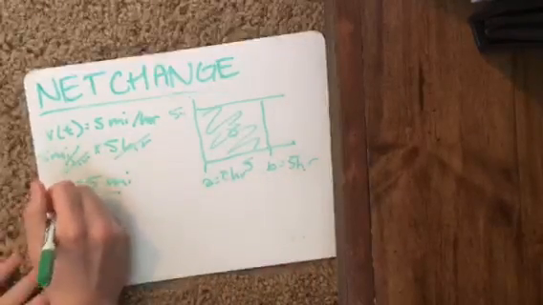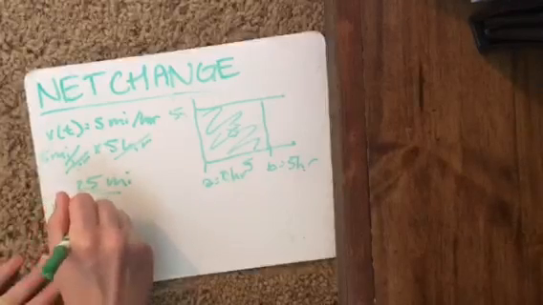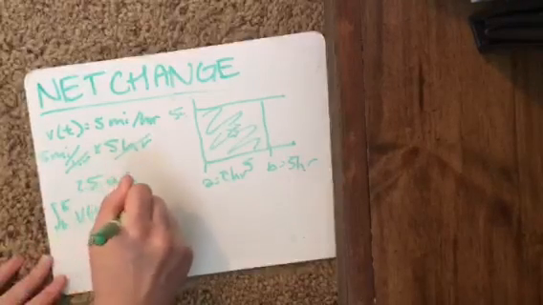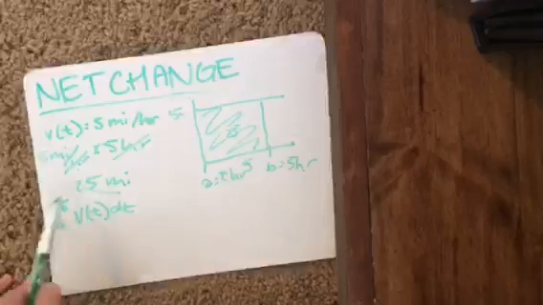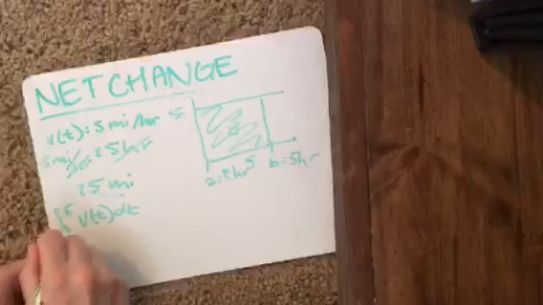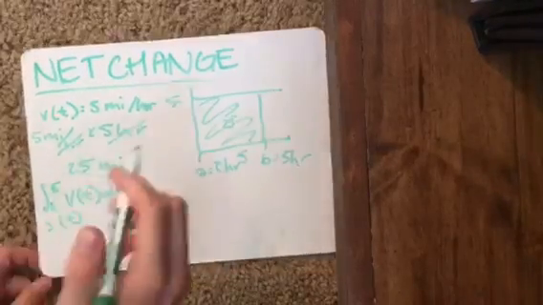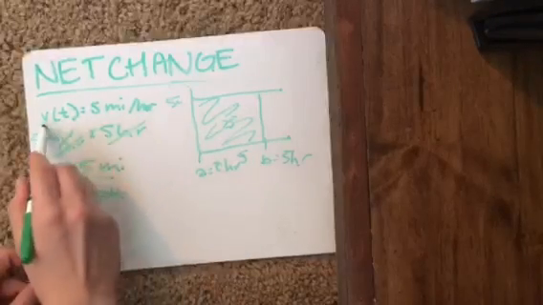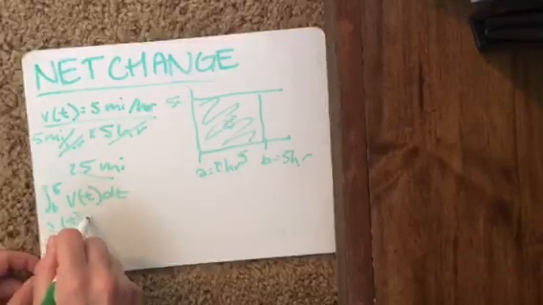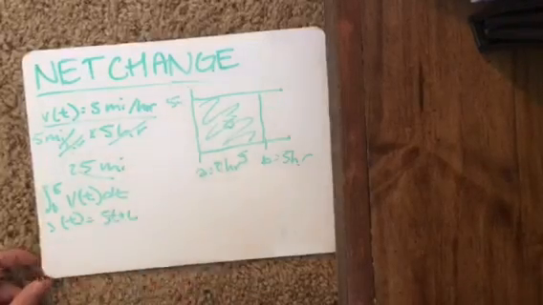So since we can draw this out as 0 to 5, the integral of v dt, it has to do something with the antiderivatives. So we can look at s of t, and using the velocity function, we can gather that it will be 5t plus c.